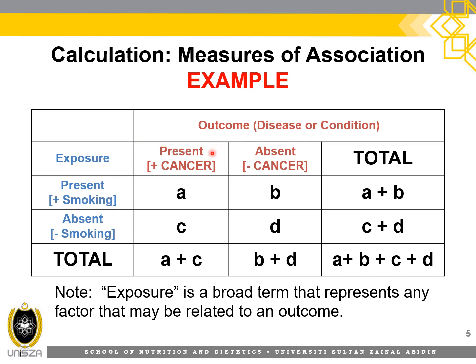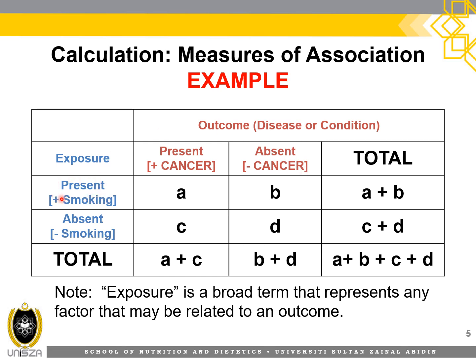When we say the outcome is present, we can also write positive cancer, and when it's absent, we can write negative cancer. It simply means that the present group are patients diagnosed with cancer, whereas the absent group are patients who are not diagnosed with cancer, or healthy controls.